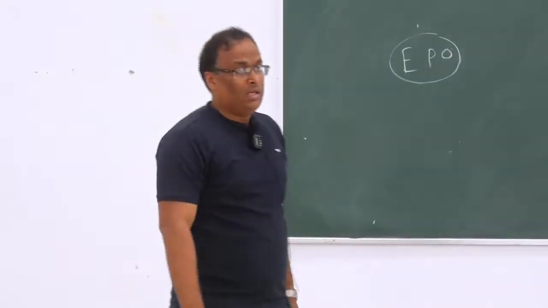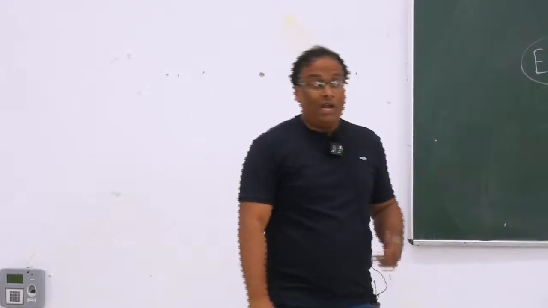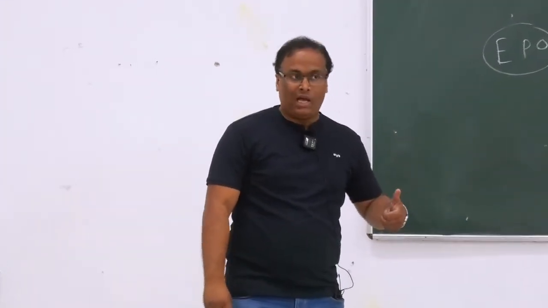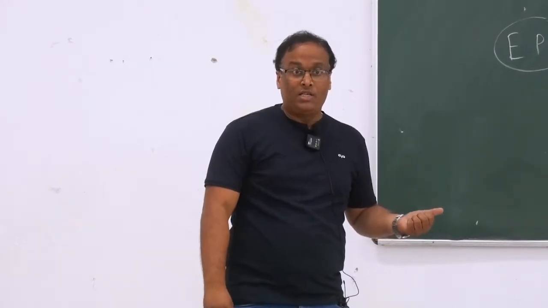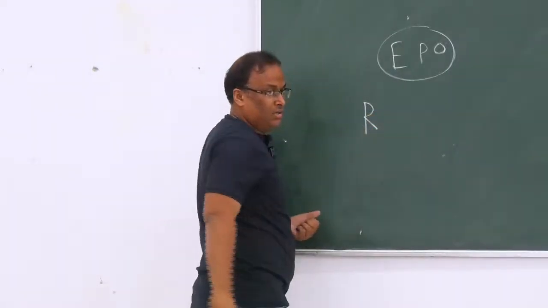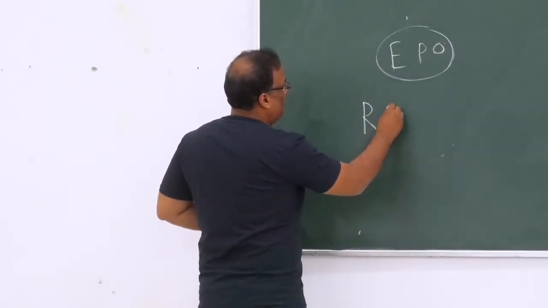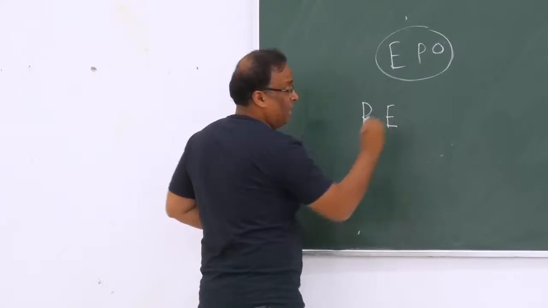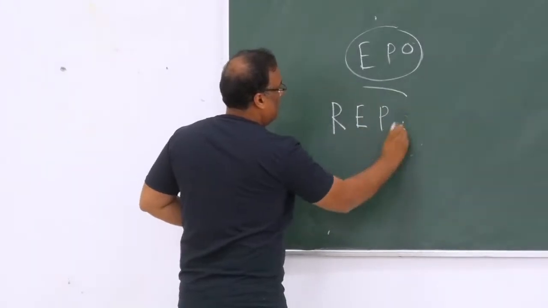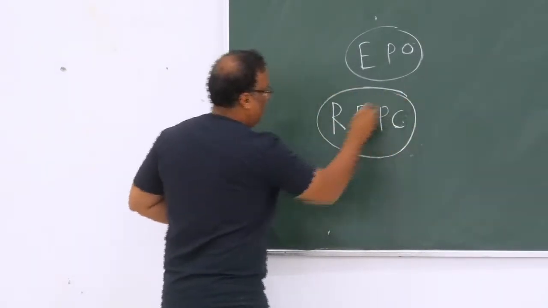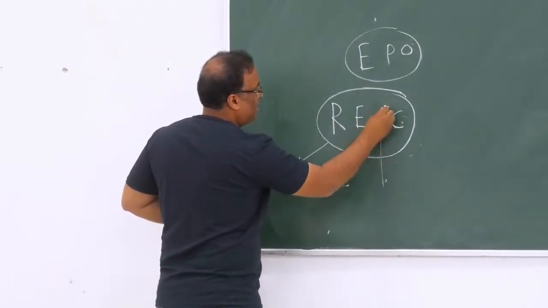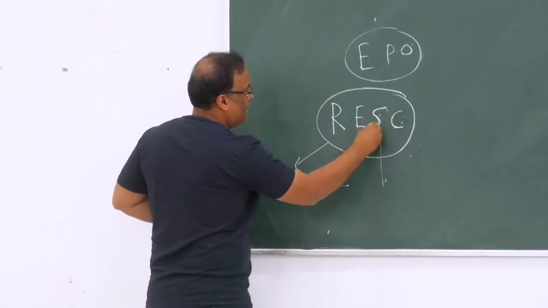Where in the kidney? In the renal cortex at the corticomedullary junction as well as the outer part of the kidney, having renal erythropoietin producing cells, or you can say erythropoietin sensing cells.